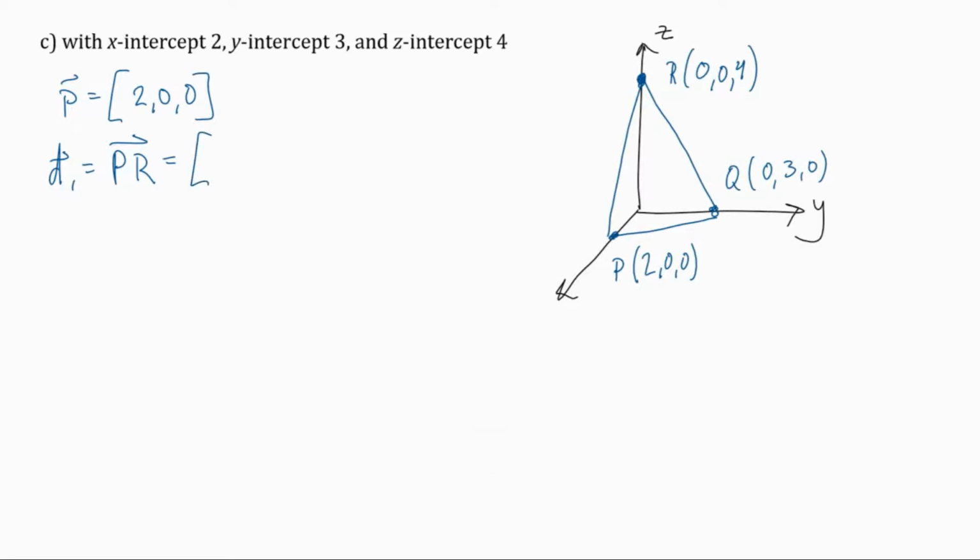So 0 minus 2 is -2. 0 minus 0, 4 minus 0. And second direction vector, how about PQ? So again, negative 2, 3, 0.